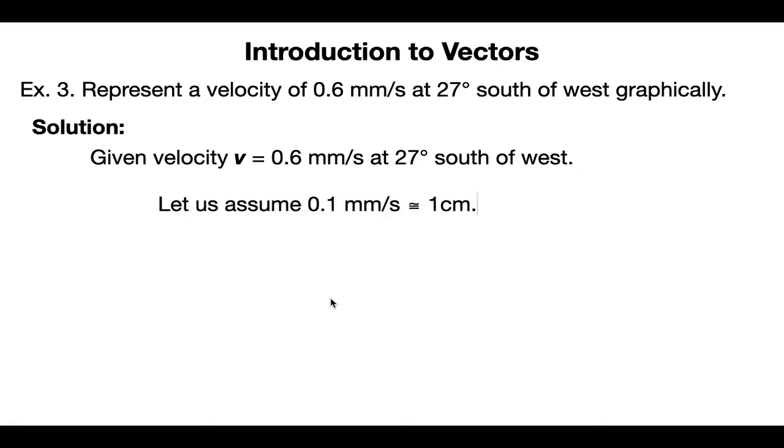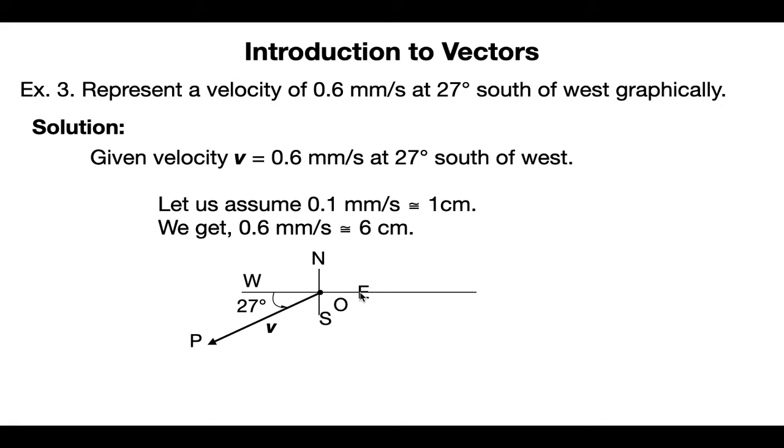In order to represent it graphically, let's again take a scale where 0.1 millimeter per second is represented by 1 centimeter. Then the velocity of 0.6 millimeter per second will be represented by 6 centimeters.